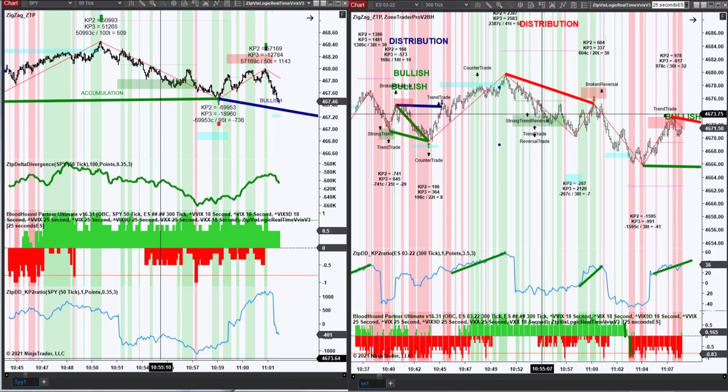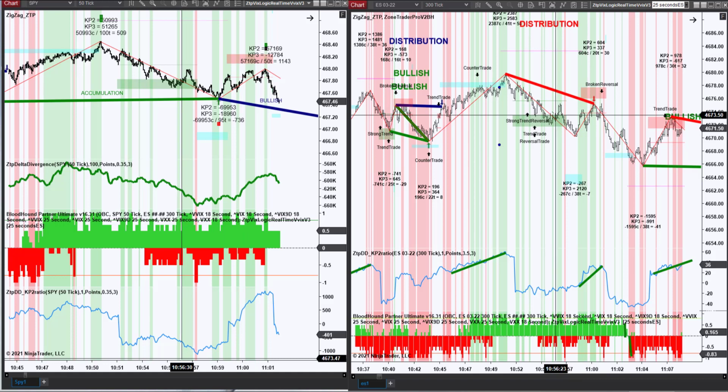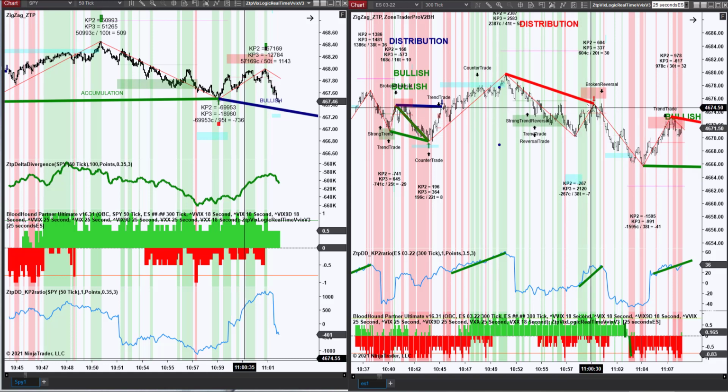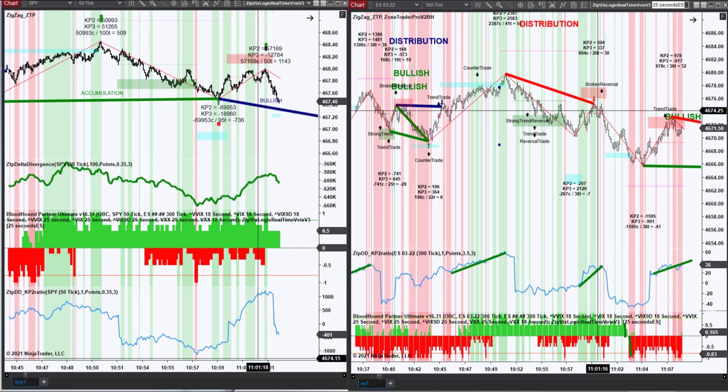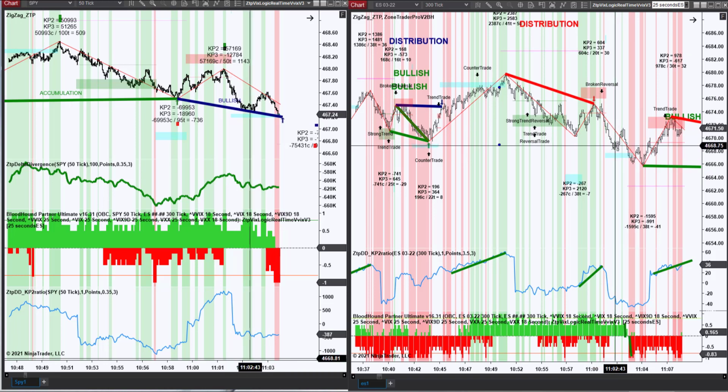In fact, from the beginning of the zone right here to this entry into the broken reversal, that was only 2 points of potential profit, whereas the market traded down 3 points here, and you would have had 3 points of adverse excursion. Now, the trade I took was the short broken reversal trade, which had distribution divergence going for it. And as you can see, that trade worked out for almost 10 points. I took profit in this area right here.